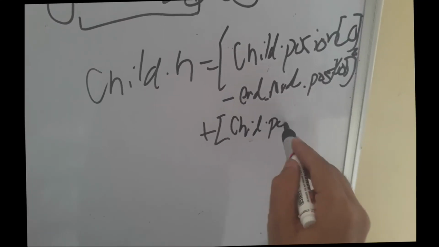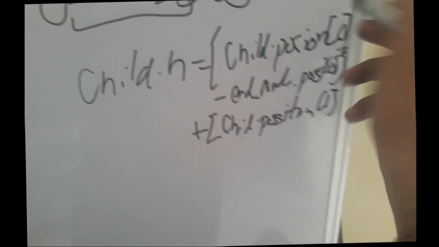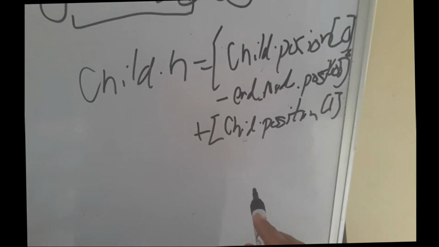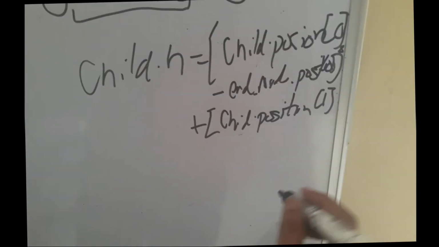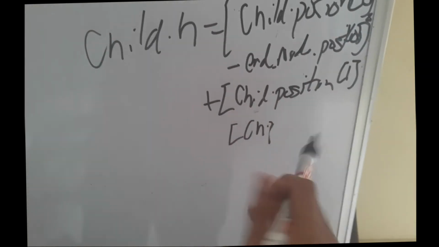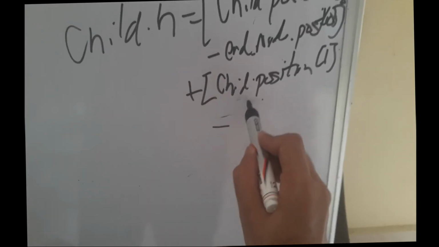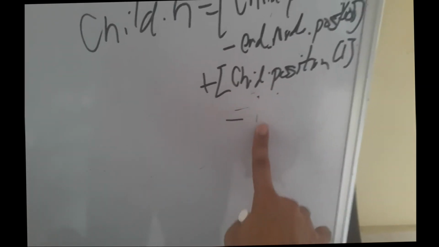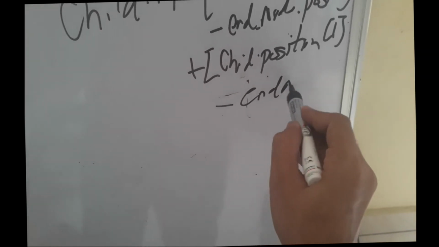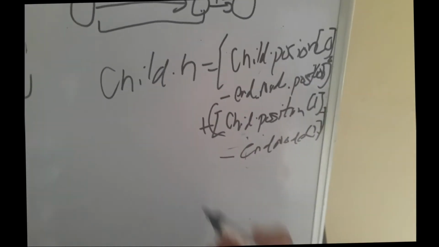So child dot position 1, so x is 0, y is 1, minus end node position 1, whole square, and we don't need to take the square root of the value that we have got.